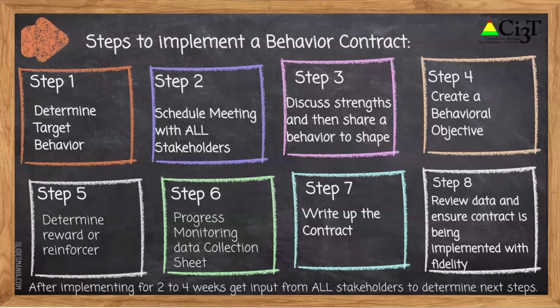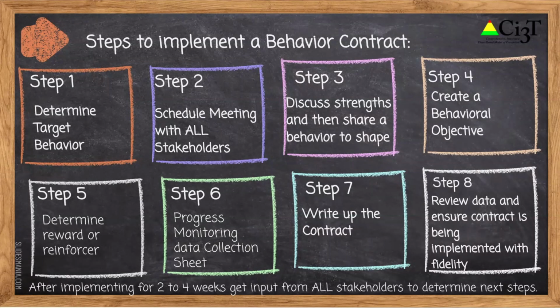What is the challenge behavior? What is the one behavior that we can address to have a quick win and to have the most impact if we address that behavior quickly? So the first step is that you determine what that behavior is.